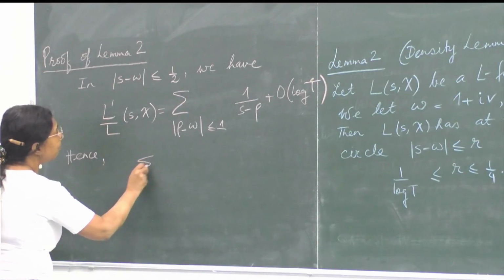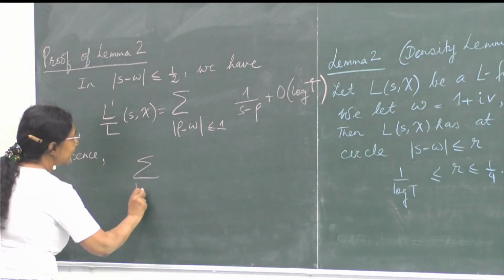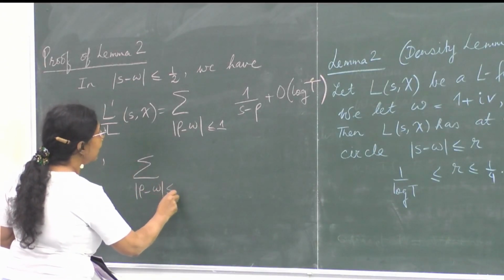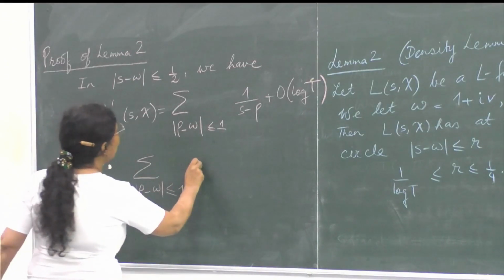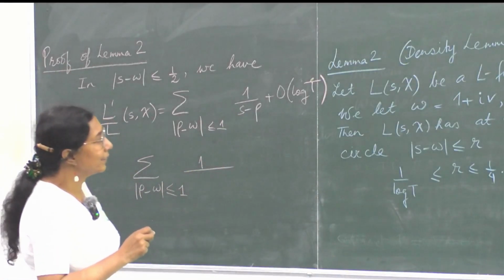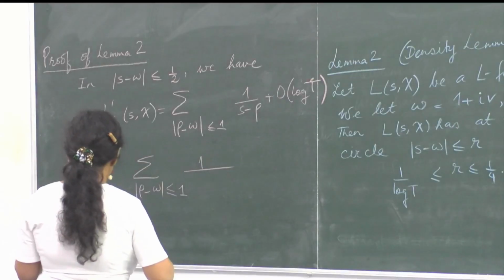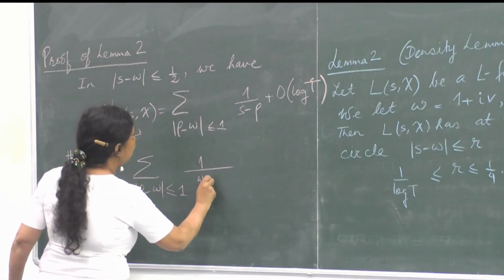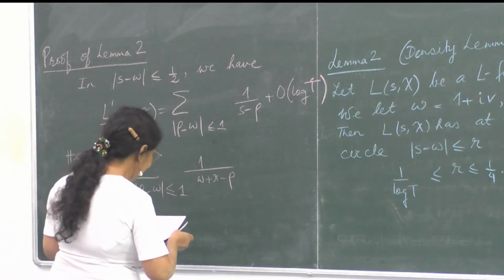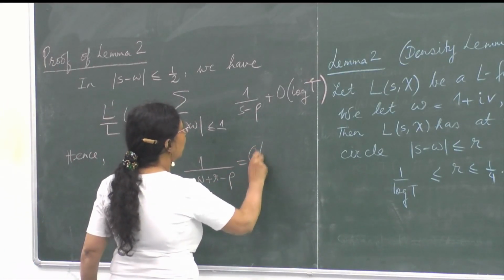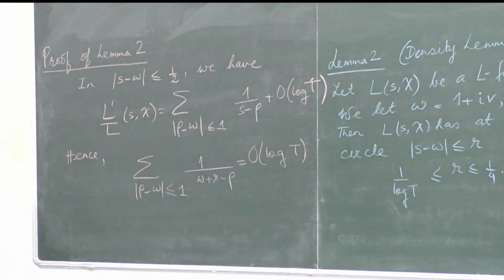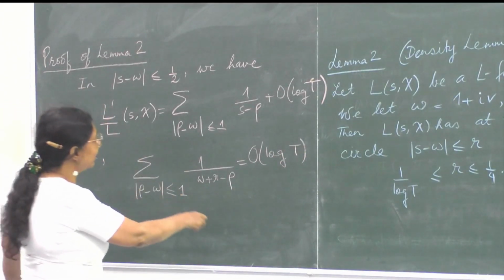If I take the sum over |rho minus W| less than or equal to 1, I write s as omega plus R, so 1 upon omega plus R minus rho, plus big O of log T. And then I replace this by its definition.